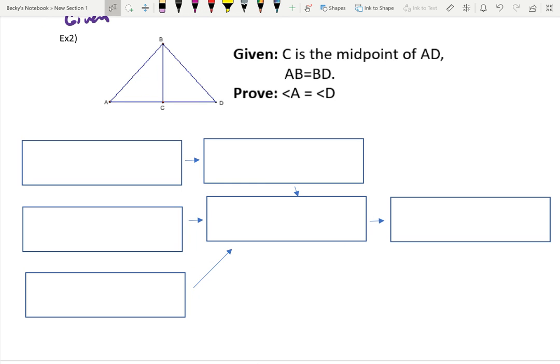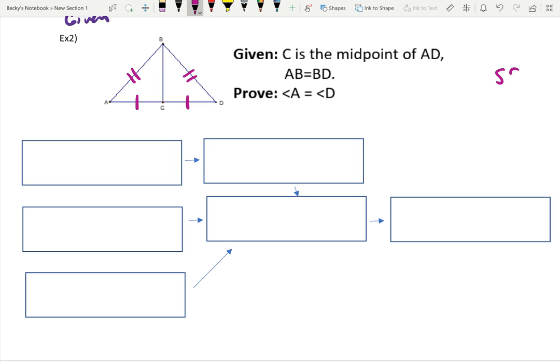Again, take your diagram. Let's put the information to the diagram. C is the midpoint of AD. So what that should mean to you is since C is in the middle, the left side equals the right side. And we also know that AB is the same measurement as BD. But that's 2 things. We need 3 things.